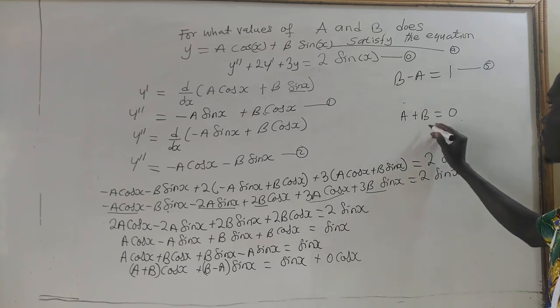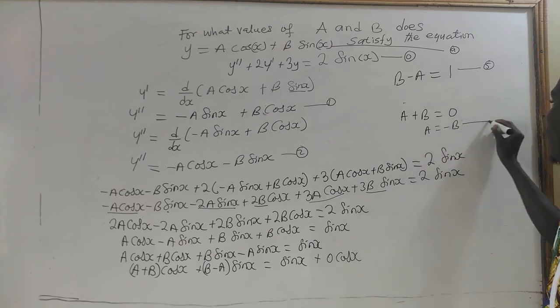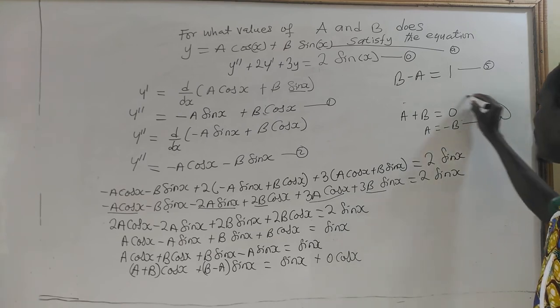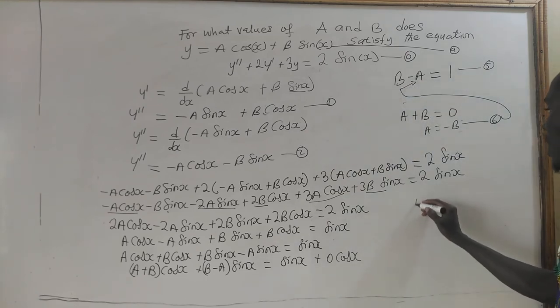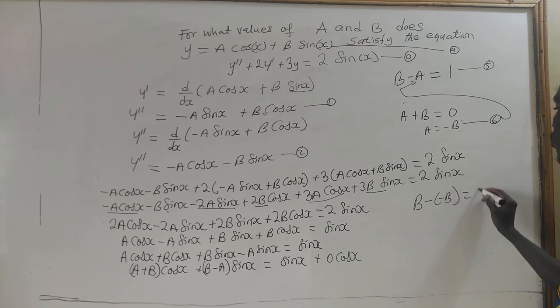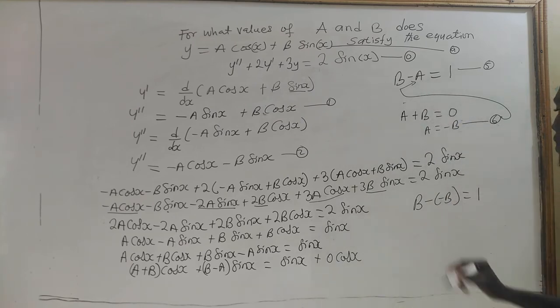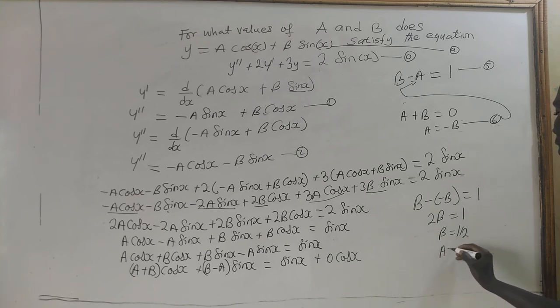So this will help us. I'm going to take A equal to negative B as equation 6 and then put it here. So I'm going to have B minus negative B equal to 1, since A equal to negative B. 2B equal to positive 1. B equals positive half. This implies that A equals negative half.